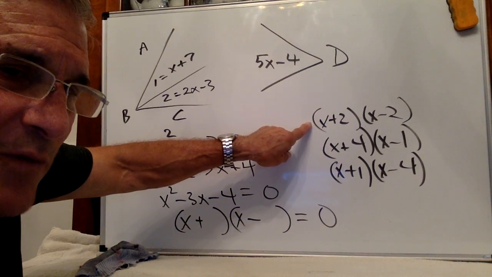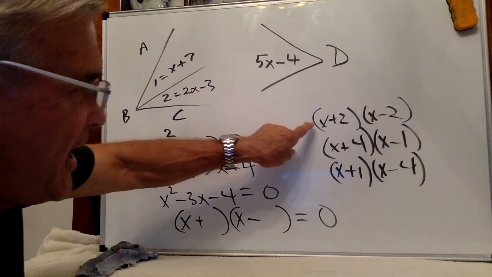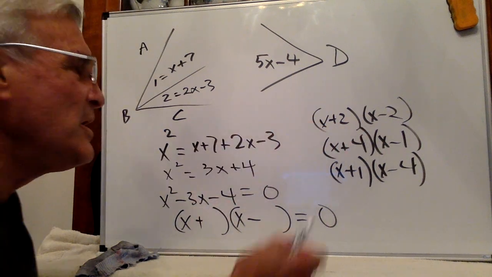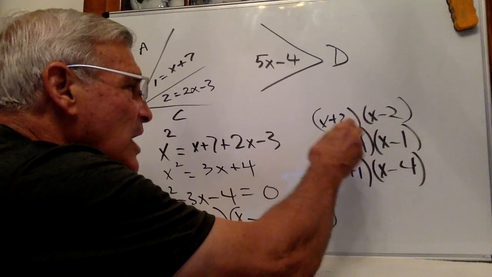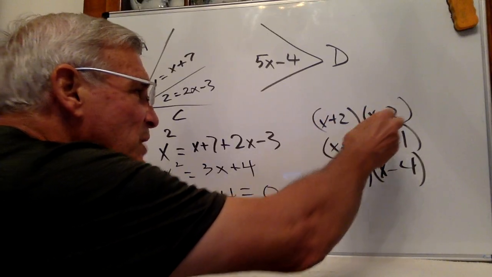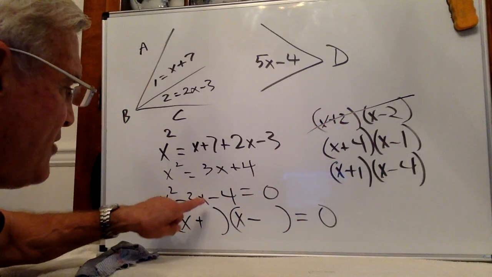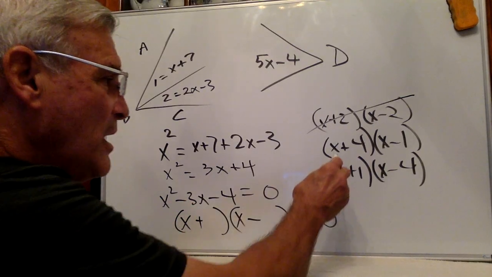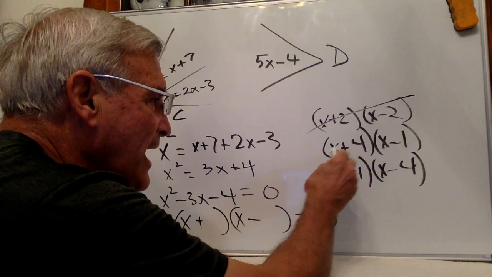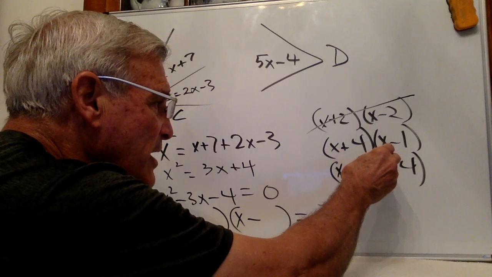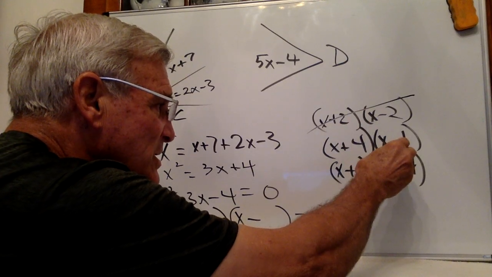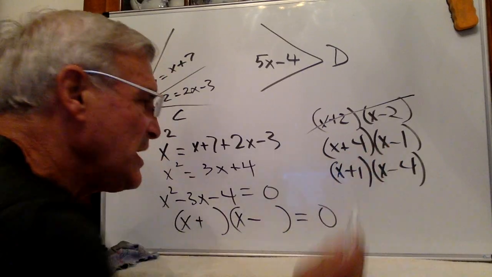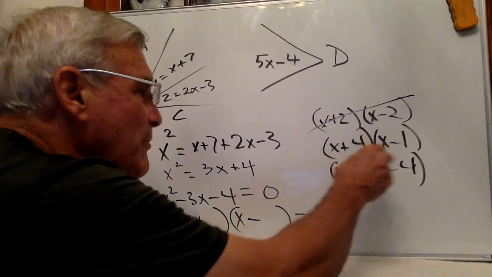And very quickly, hopefully, you realize this one doesn't work. X plus 2 times x minus 2, the outside terms and inside terms, negative 2x plus 2x, cancel each other out. You're not going to get a middle term of negative 3. All right, do it this way, and I get x times x is x squared minus x plus 4x is plus 3x minus 4.